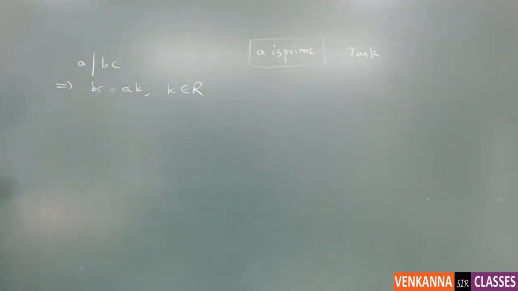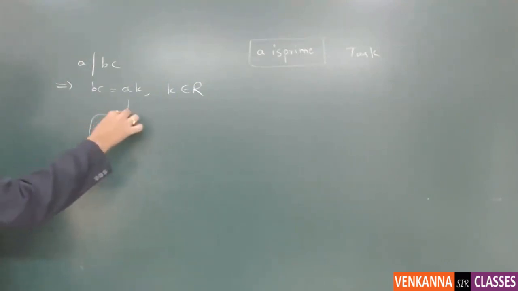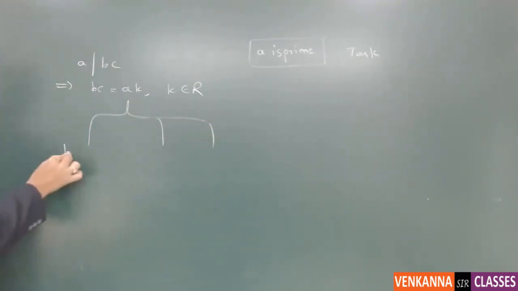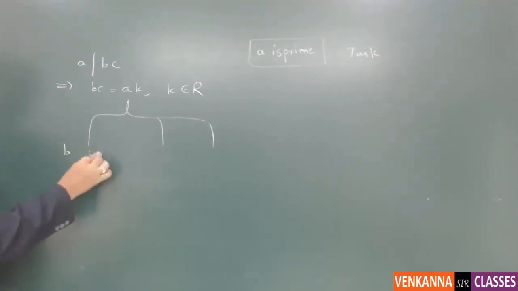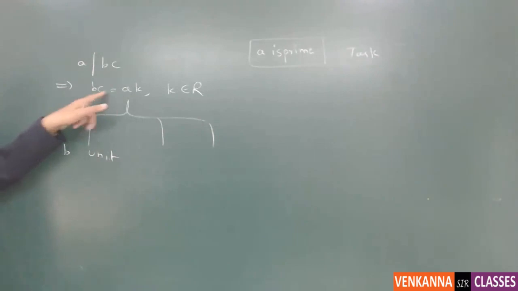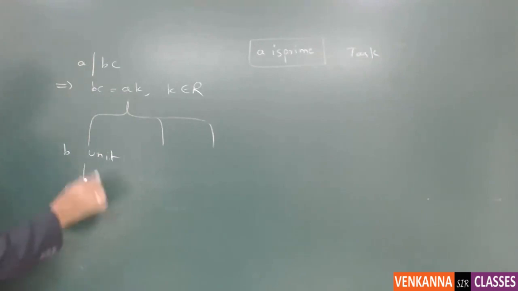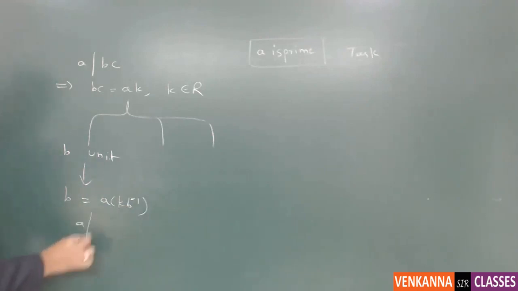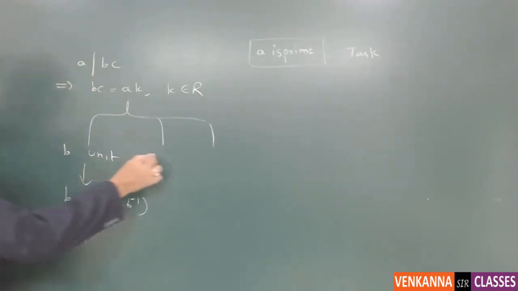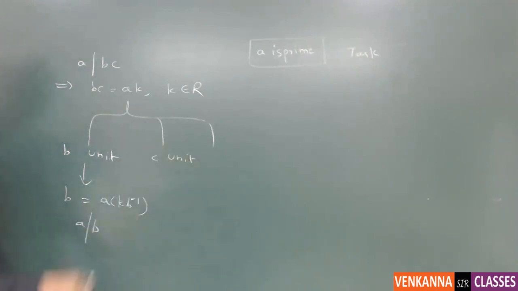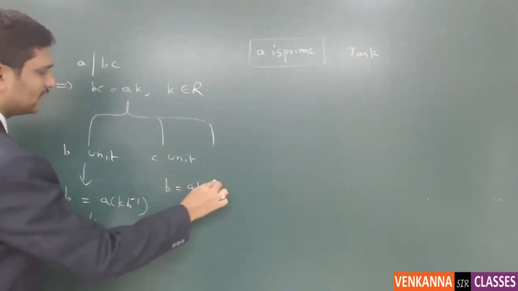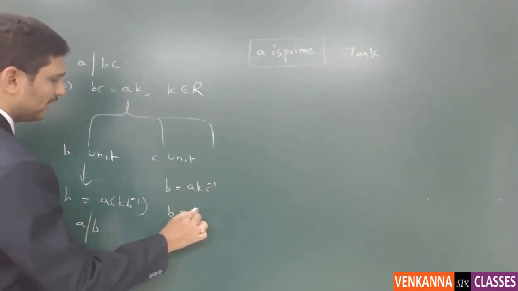Here you are taking the possible cases. If B is a unit, then both sides of this equation you multiply with B inverse, and you get that C is equal to A into KB inverse. Therefore, A divides C. If C is a unit, then you multiply both sides with C inverse, and you have that B is equal to AKC inverse. So B is equal to A into something.